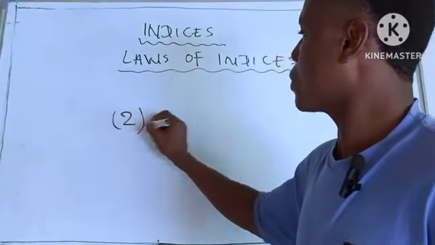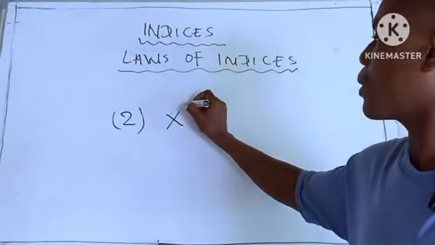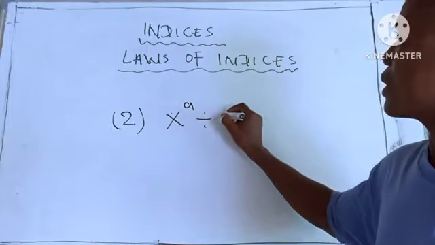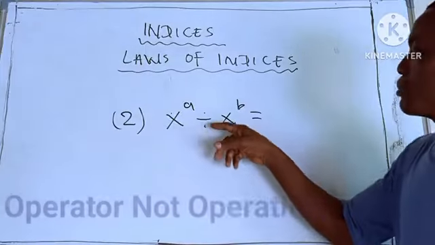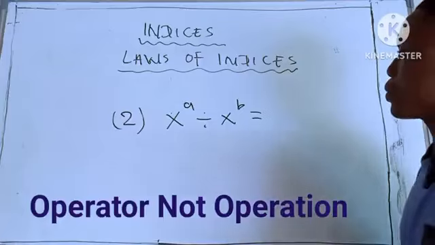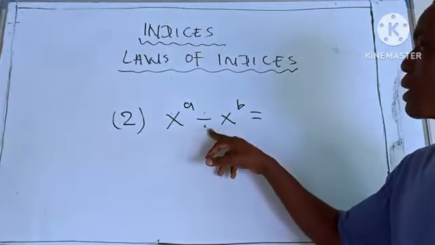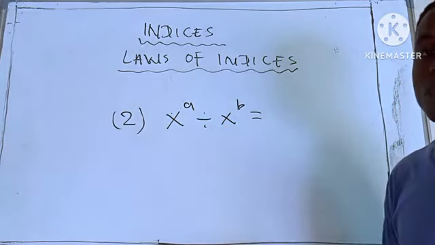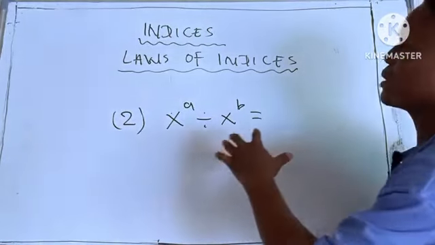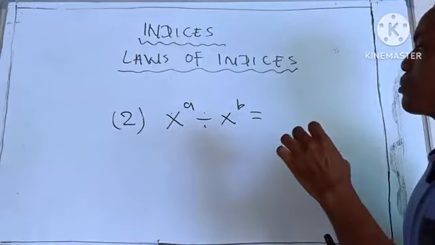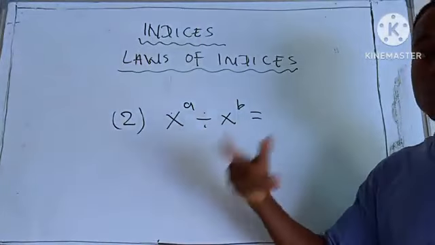Okay, so let's move to the second law. We can call it the division law. Let's say we have x raised to power a divided by x raised to power b. Now look at the operation in the middle. In the first one we solved, the middle was multiplication, right? But in this one, the middle is a division sign. You will still apply the same method, but since the middle is division, it will change.